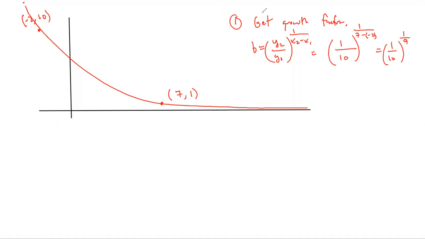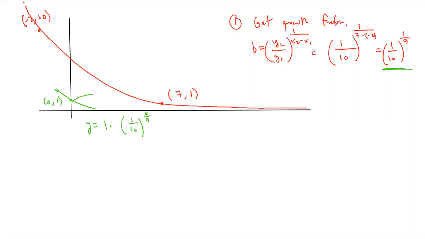And what I'd like to think about now is, suppose I wanted to make this curve here with the exact same growth factor, the exact same b value, but going through the point (0, 1). Well, the formula would be y is equal to 1 times 1/10 raised to the x over 9. But the green function isn't the one we want.